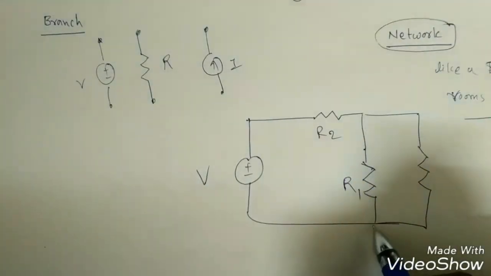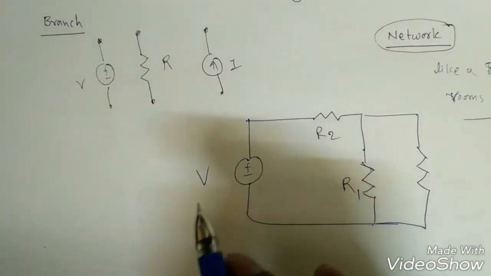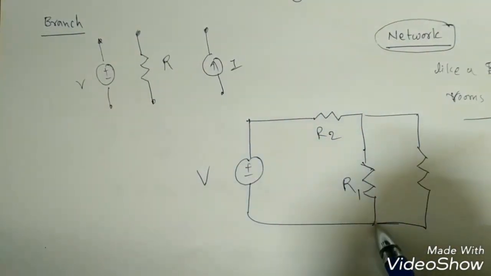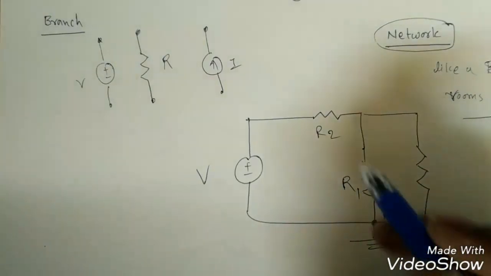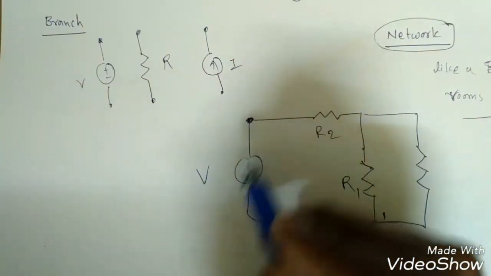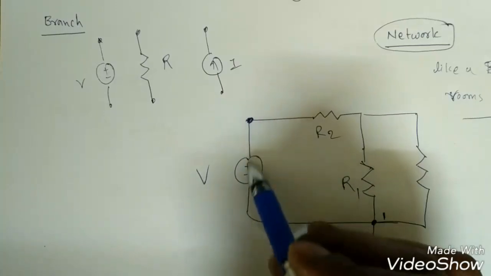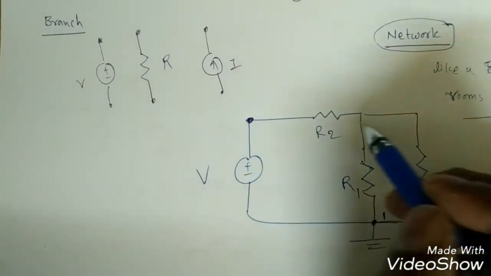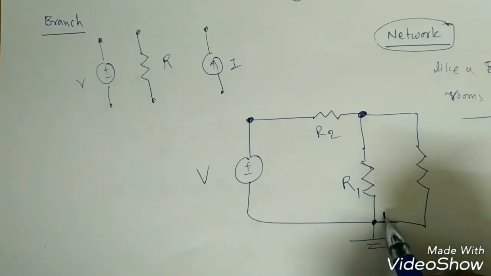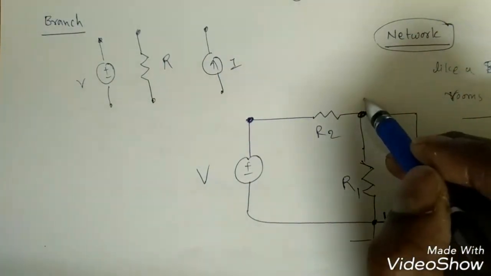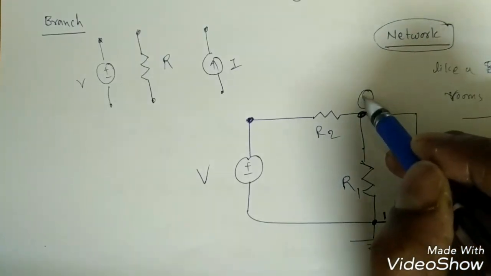Always in the entire network theory subject, we have to find a reference node. Suppose this is a 1. See, this node is not required actually, because only two elements are connecting. But with more than two, we can have a node here. So you cannot consider this as a node because it's a reference node. So only one node is considered to exist, right?